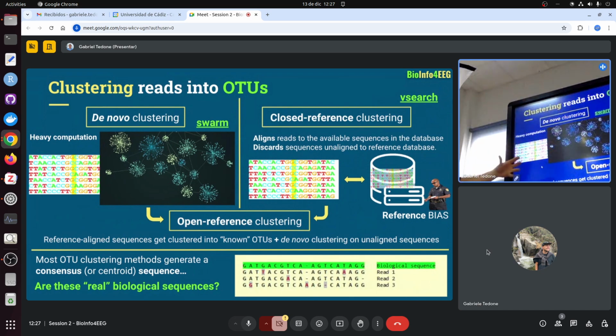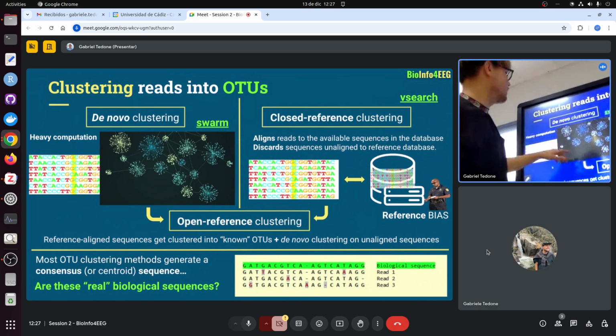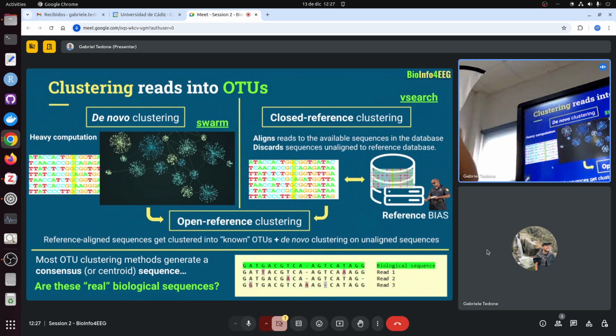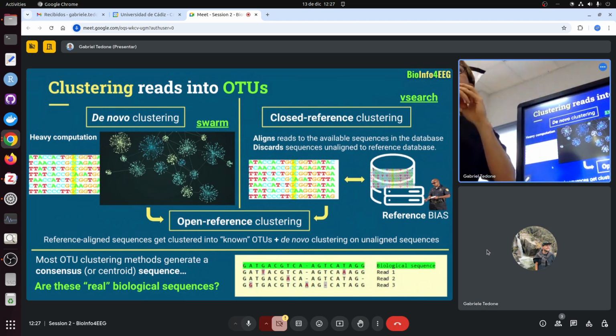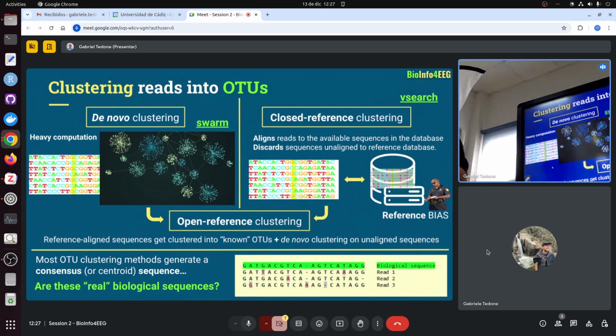The idea that I showed in the previous slide is that we start from the data we get. So it's de novo. We got all these sequences, and within our data set, we try to put them together. This is computationally very difficult, and there are also multiple ways of addressing this, and it's not easy.